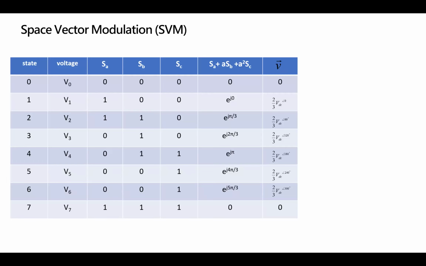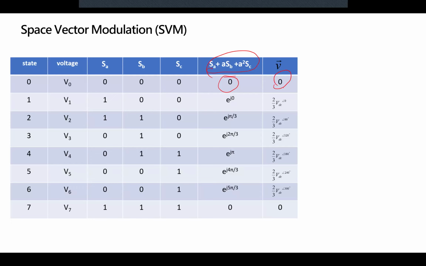For each state, we define the optimum value for SA, SB, and SC. And based on the formula that we developed, we would find the result of the space function, how they would add up together. And that would result in our output voltage.